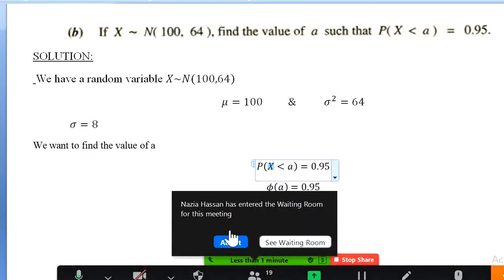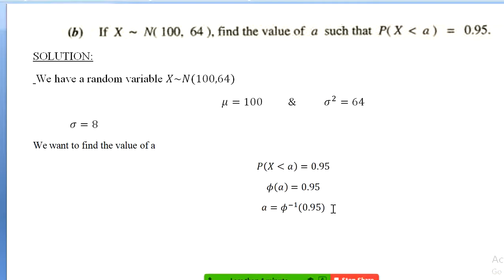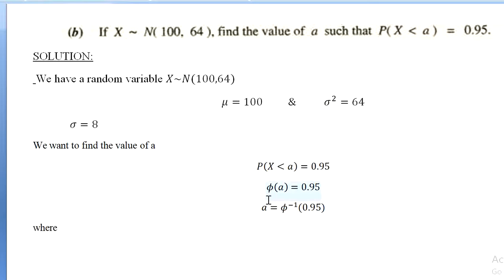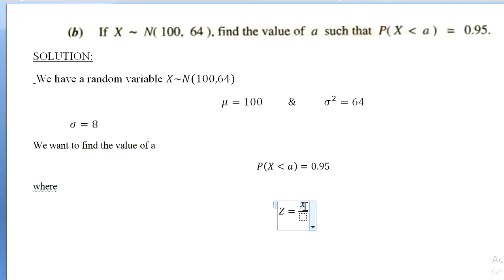So first we will convert it into z. ये काम हम थोड़ा बाद में करेंगे, पहले इसको x को हम लोग कन्वर्ट करते हैं z में. As we know, z is equals to x minus mu over sigma.